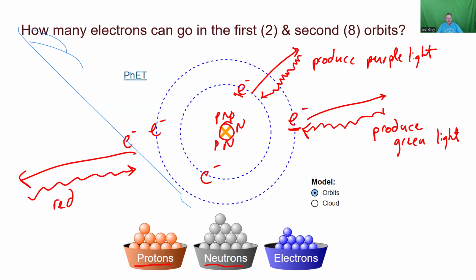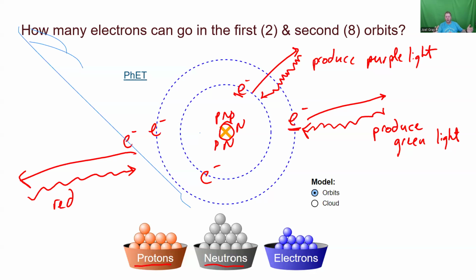If you're producing 8 different colors, how many different places do you think electrons could be? Go ahead and add to the chat. I'm going to write it 8. Perfect. 8. If you've got 8 different colors that are generated, then you probably have 8 different places that electrons are going to be found.